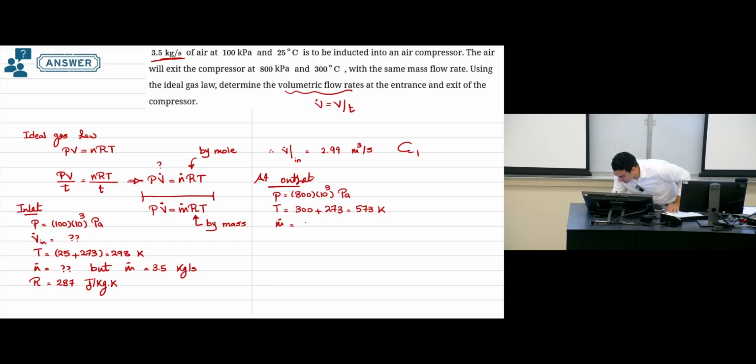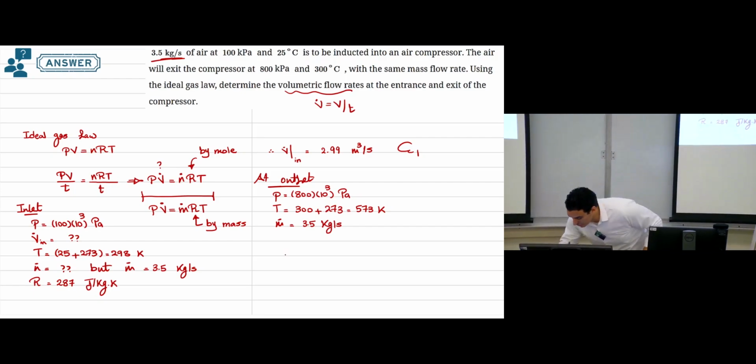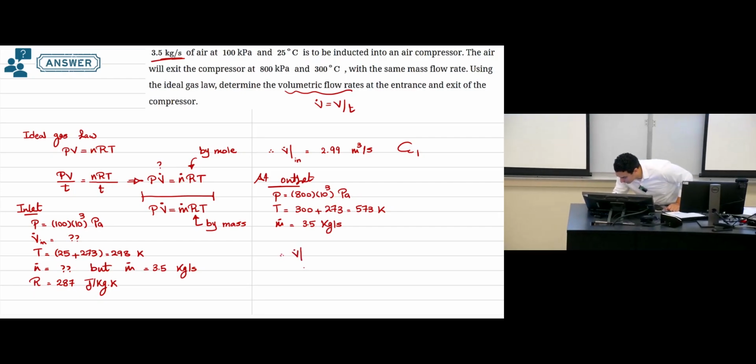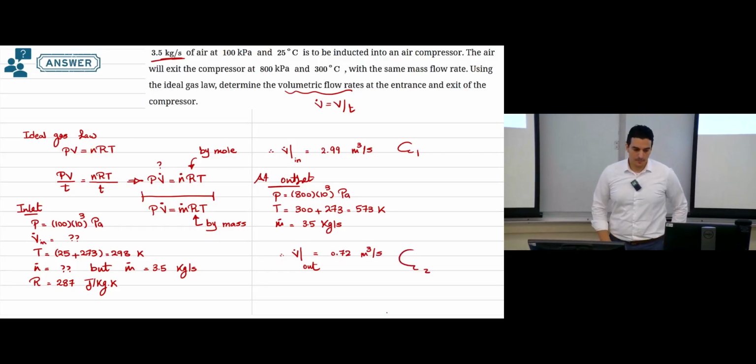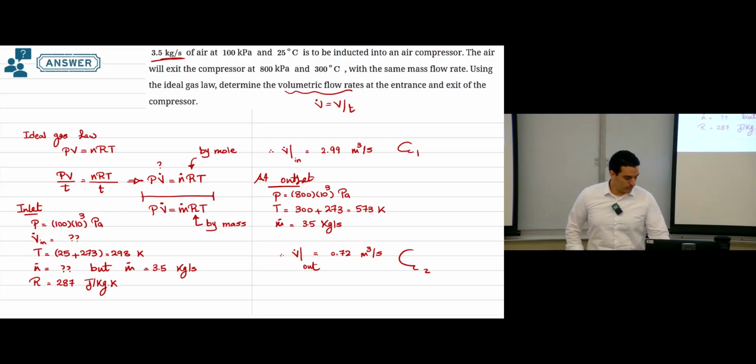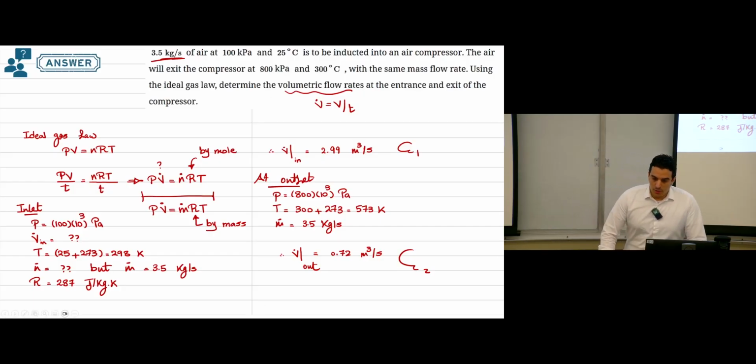The mass flow rate is the same, 3.5 kilogram per second, and R will be the same since we have the same substance. Substitute in the equation, then the volumetric flow rate at the outlet will be 0.72 meter cube per second, and this is the second requirement. Clear? Any questions? Okay.